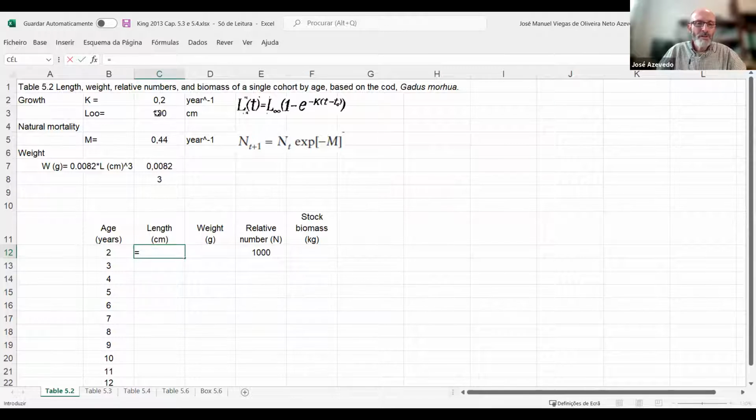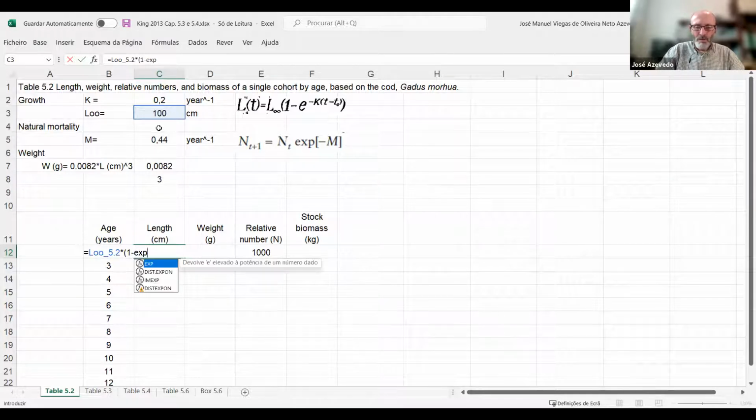So there you go. We just need to put that formula here. So it equals L infinity, and I have added names to the cells to make it easier to understand the formula. So that would be L infinity times 1 minus e to the power of minus k, where is k?